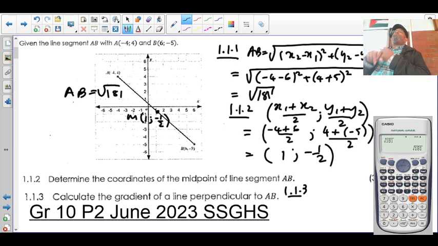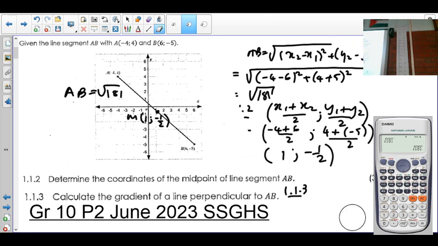If we must prove that lines are perpendicular, then we prove that the product of the two gradients is minus 1. If lines are parallel, gradients are equal. If we must prove that lines are parallel, we then prove that gradients are equal.